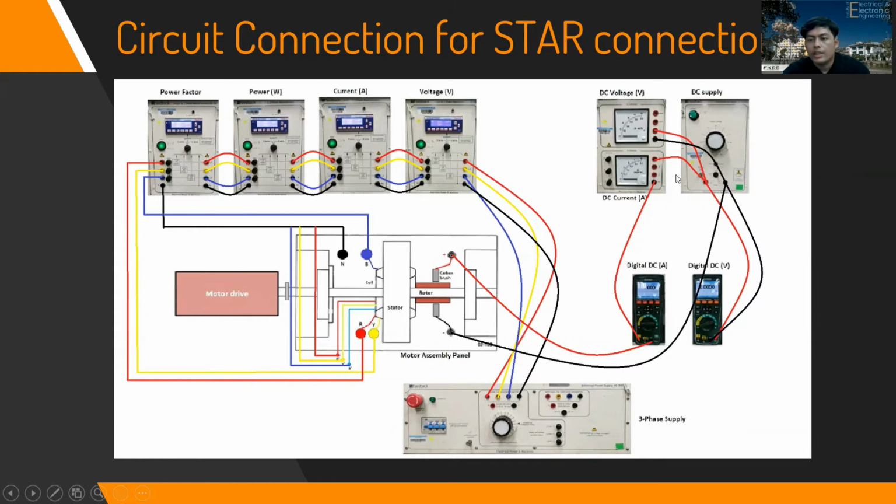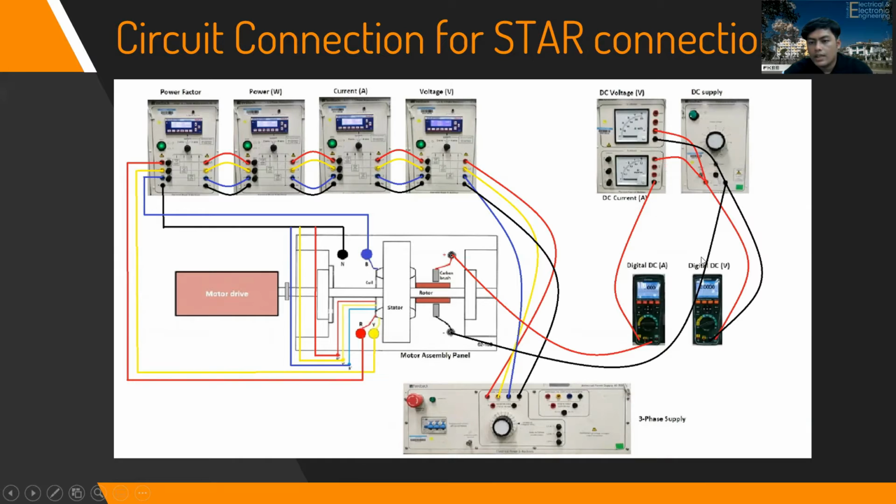And then for the DC ammeter and the DC voltmeter, from the supply it is connected with the terminal here at the DC voltage, and then here connected also with the DC current here. Next, the common is connected here, and then from the common also connected with the digital DC voltmeter. So the connection here, as you can see, is in parallel.